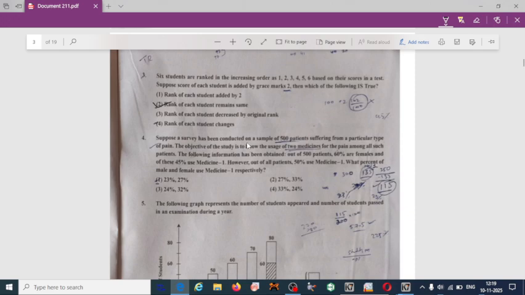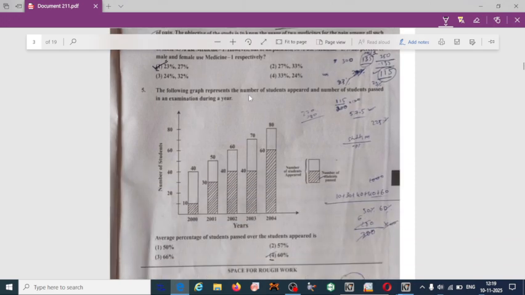Suppose a survey has been conducted on sample of 500 patients suffering from a particular type of pain. This question if you read, I am going to just give you the answers for the questions. So if you do the calculation, you must get 23% and 27%. So this option is correct.